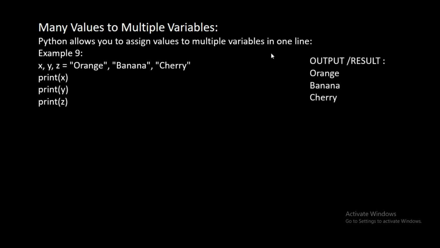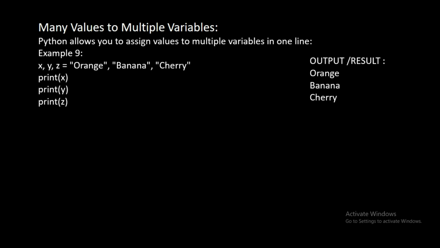Just compile this program, and you will get orange, banana, and cherry. We are declaring three variables in one line, instead of x equals orange and y equals banana, and similarly for z cherry.